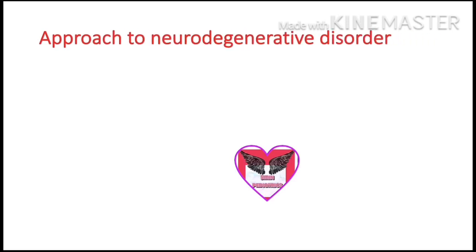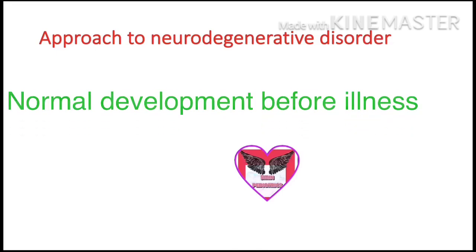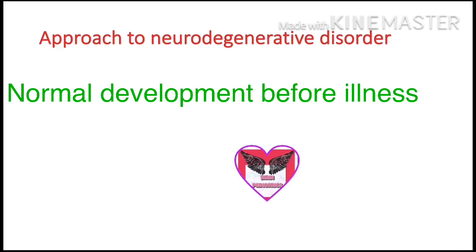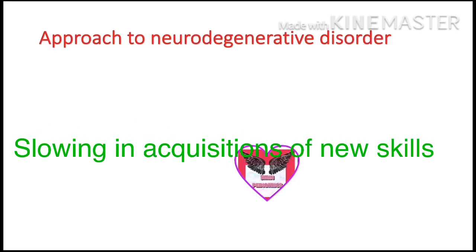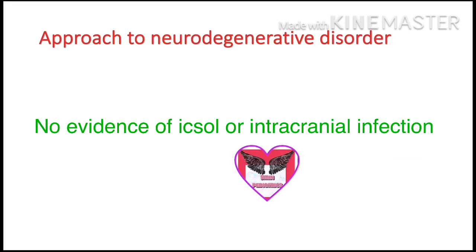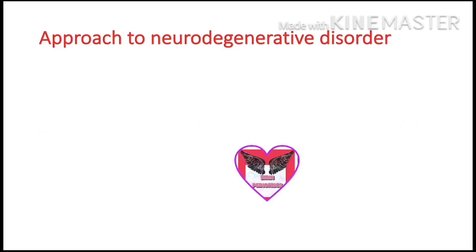So before starting the approach to neurodegenerative disorder, we must understand when to suspect neurodegenerative disorder. The features suggestive of neurodegenerative disorder are: the child has normal development before illness, and after the illness there is regression or slowing in the rate of acquisition of new skills.